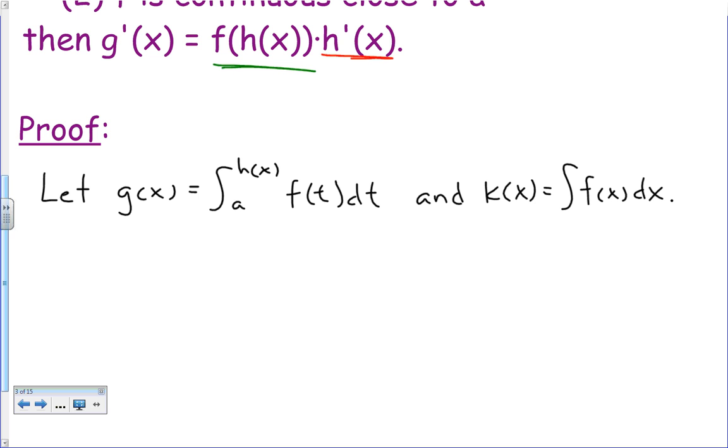All right, so with that, we can say this, just using the first form of the fundamental theorem of calculus, the original form that we've learned.